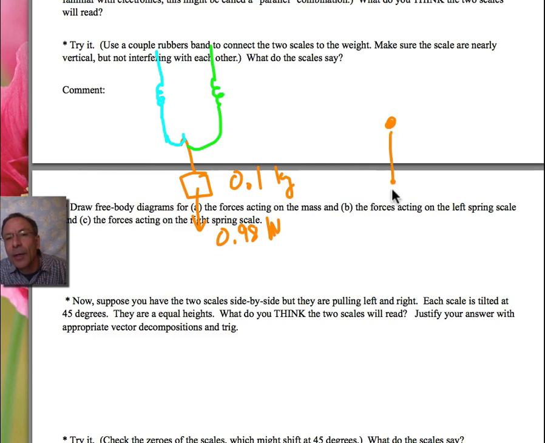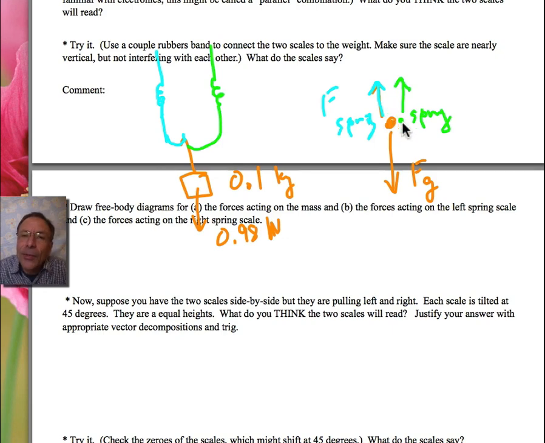So you've got gravity pulling down, F sub g. And I'm going to draw these half as long. Actually, I want to make the left one be blue. Upward one, F spring, the blue spring. And then here, let's go with the green one, F for the green spring.